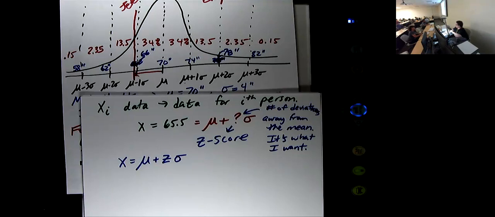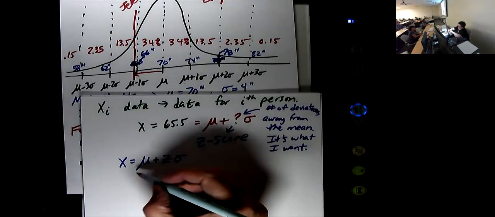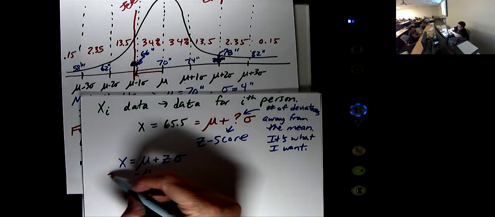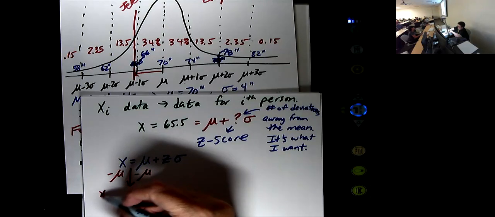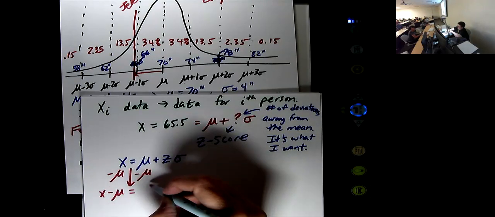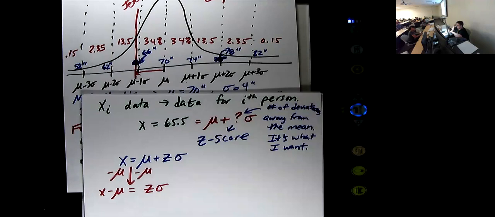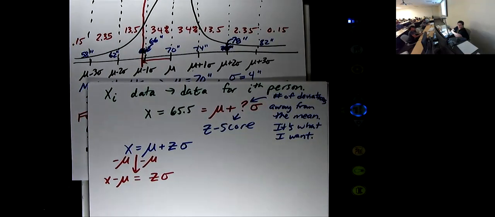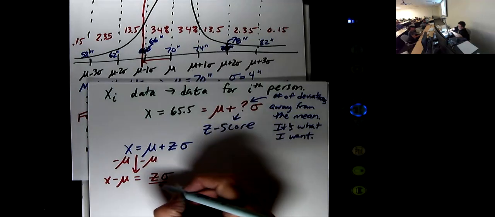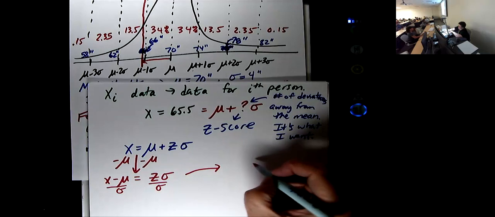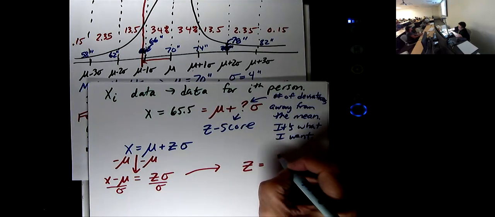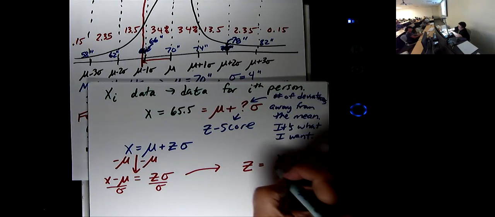If I want to solve this for Z, I can subtract mu from both sides. I'm trying to get Z by itself. I have x minus mu on the left and Z times sigma on the right. Now I can divide both sides by sigma, and I get Z equals (x minus mu) over sigma.